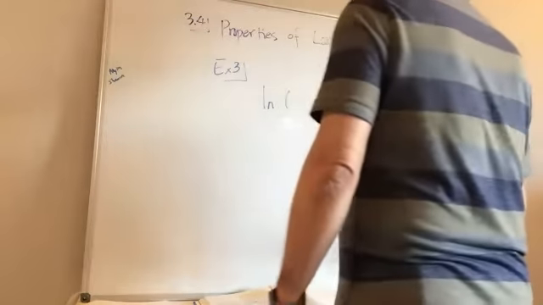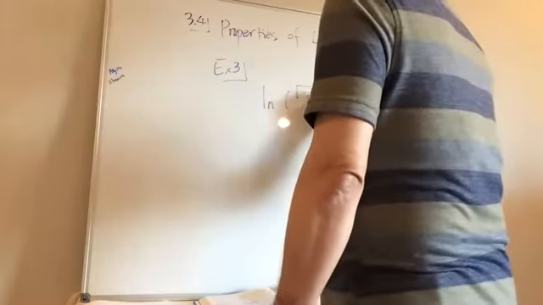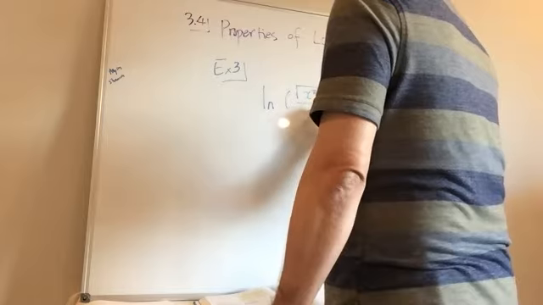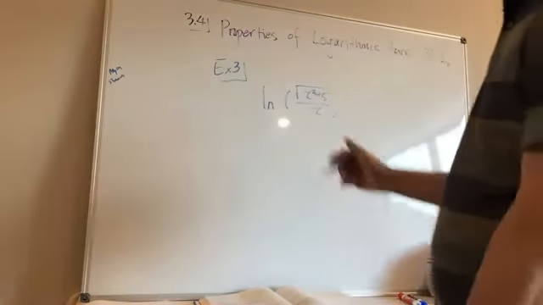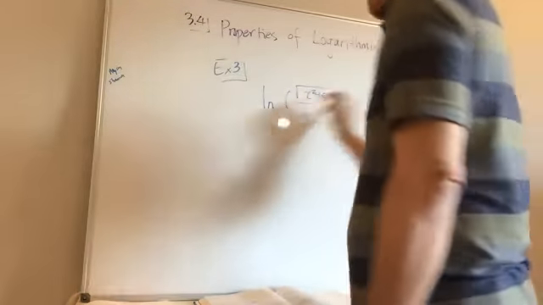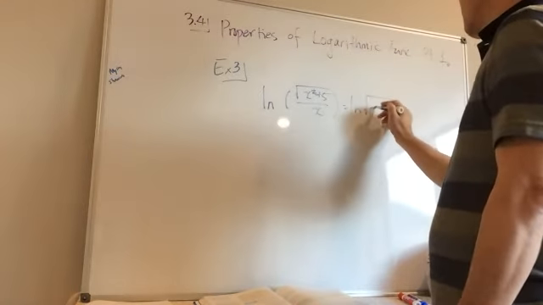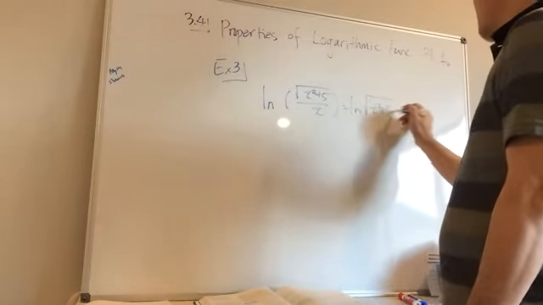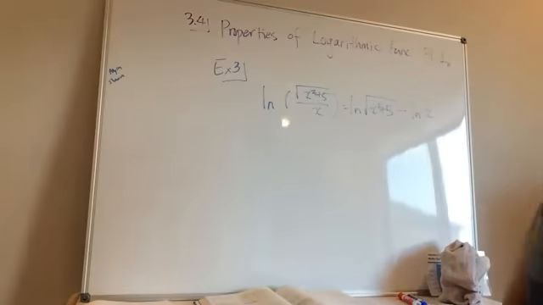So it's going to be the square root of x squared plus 5 over x. The first thing we're going to do is use the quotient rule, and say this is the same as natural log of the square root of x squared plus 5 minus natural log of x.